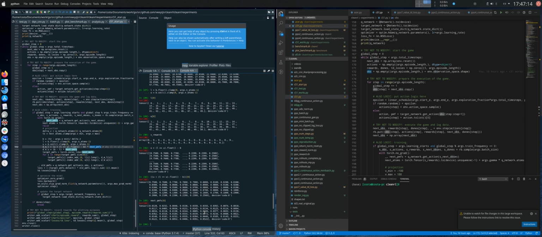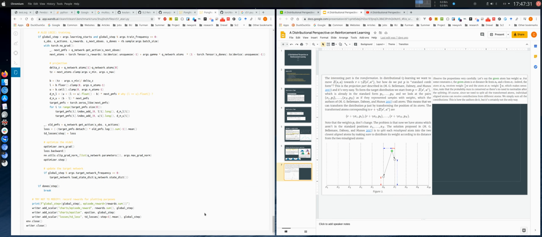The next PMFs is the probability of ending in a particular atom. Right, so that's where the distribution comes in. Indeed.